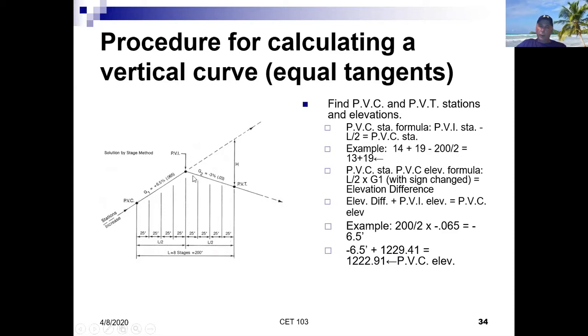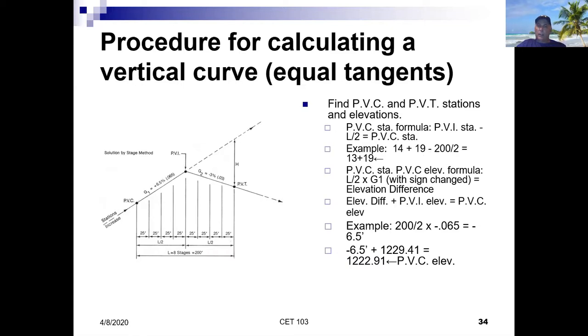So therefore, the PVI station is 14 plus 19. So the PVC station would be 100 feet back, or 14 plus 19 minus 100 feet, which would be 13 plus 19. So the station of the point of vertical curve would be 13 plus 19.